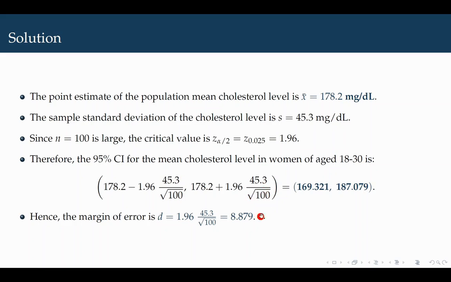So this becomes 8.879, the half width of the confidence interval. So here you can say that the mean cholesterol level of women aged 18 up to 30 is between 169.321 and 187.079 at 5% level of significance.